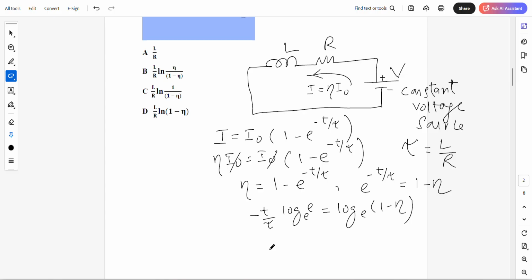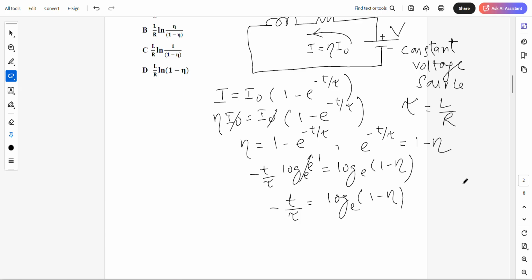I can write this as minus t by tau is equal to log of 1 minus eta to base e, because log of e to base e is 1.